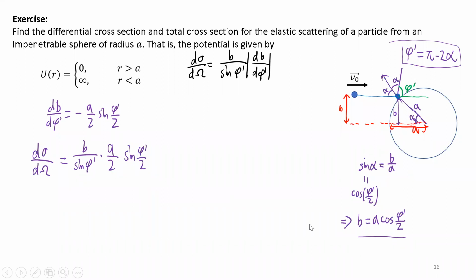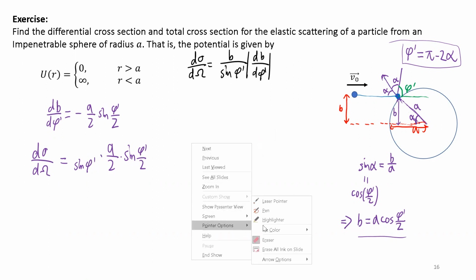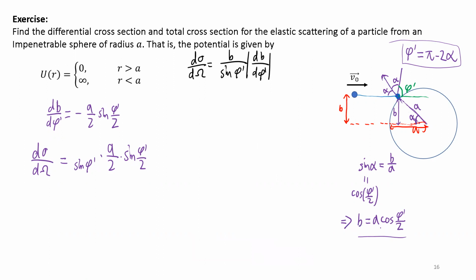And this b is also a cosine phi prime divided by 2, right? So let me write it over here. So then that's what we have. You can see that I have sine and cosine in the numerator and sine in the denominator.